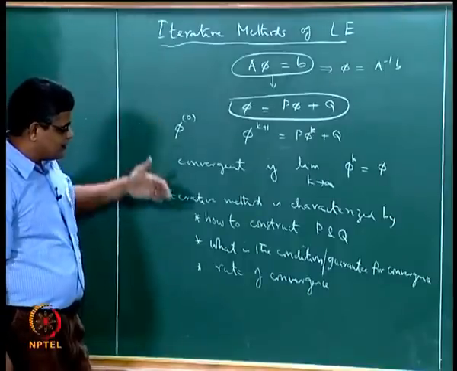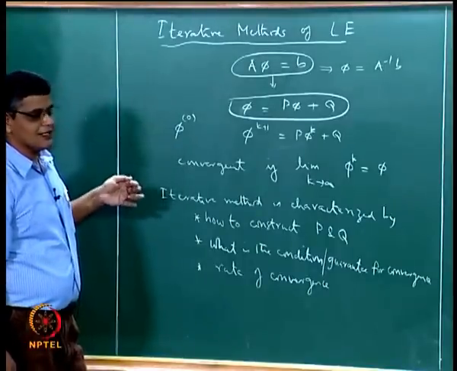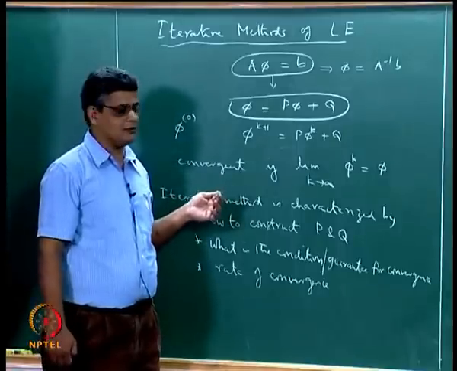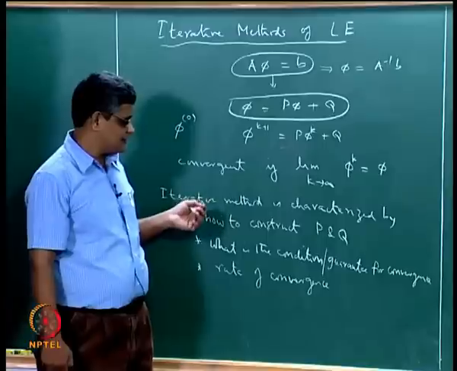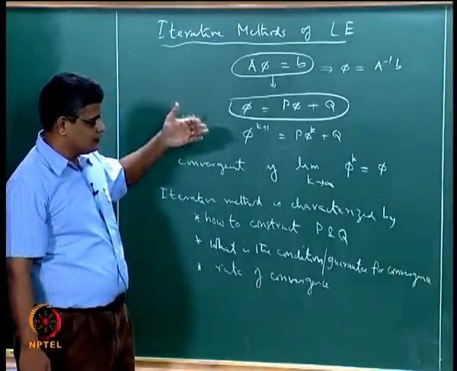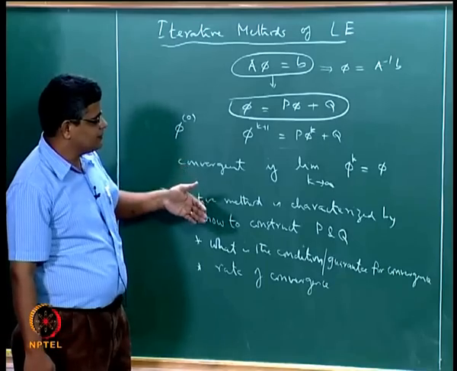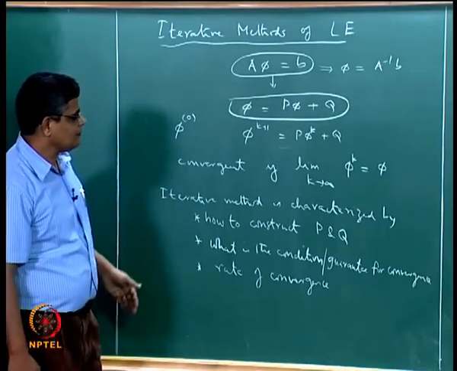So there are classical iterative methods like the Jacobi method, the Gauss-Seidel method and the successive over-relaxation methods, and they share some of these features, and we would like to examine them in this context.